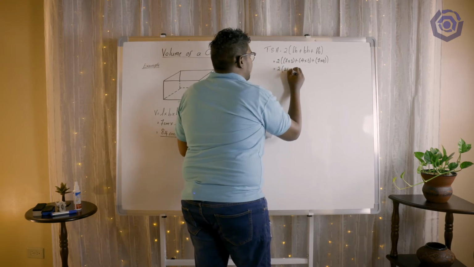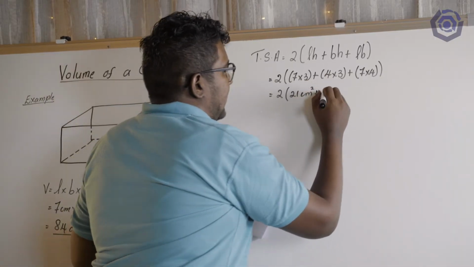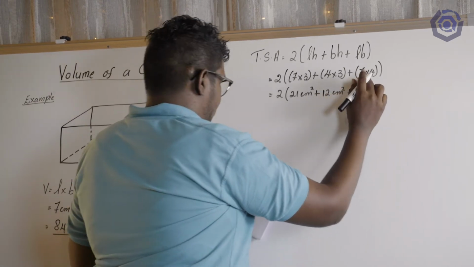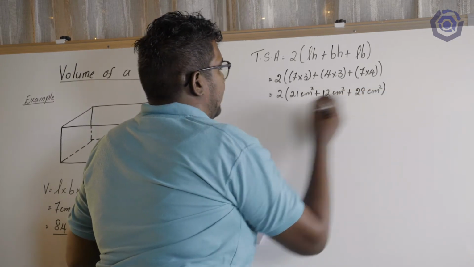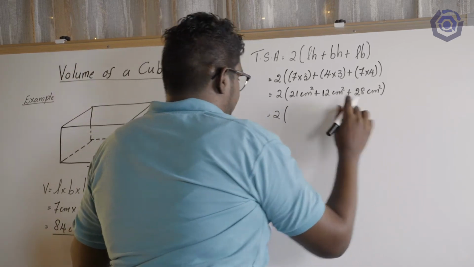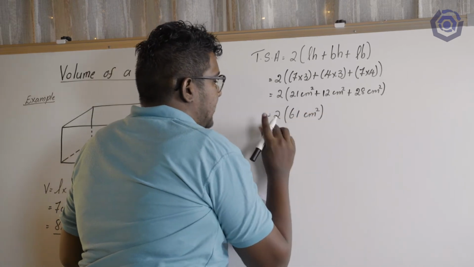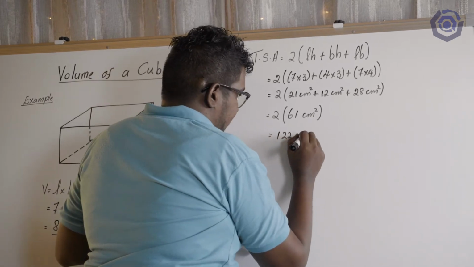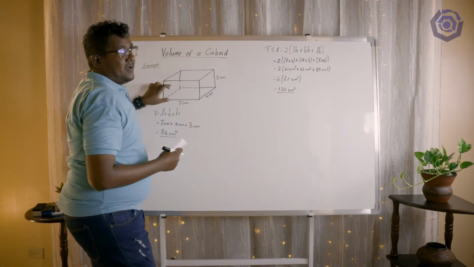Let's add our units here: cm squared, plus 4 times 3 is going to give me 12 cm squared, plus 7 fours, that would give me 28 cm squared. 2 into 21 plus 12 plus 28 is going to give me 61 cm squared. 2 multiplied by 61 is going to give me 122 cm squared. And this is the total surface area of this cuboid.